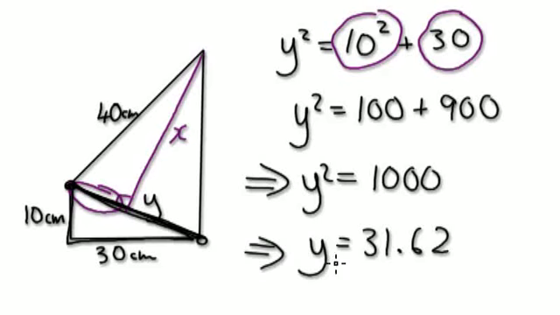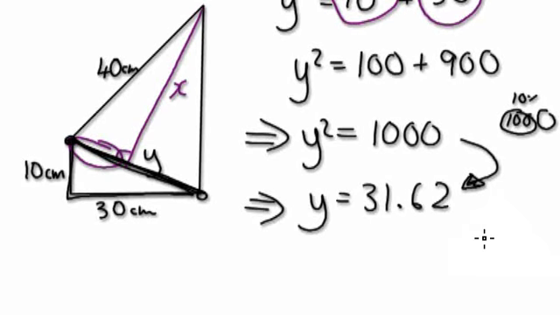The square root of 1000 is 31.62. By the way, it's not 10, because 10 times 10 is 100, and it's not 100, because 100 times 100 would be 10,000. The square root of 1,000 is this.